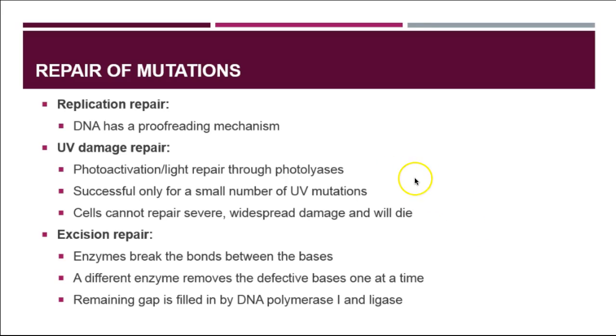So we have photolyases that actually address and repair damage from light. But they are only successful for a certain kind and number of UV mutations, so they can't repair everything, especially if the damage is pretty widespread across a number of cells.